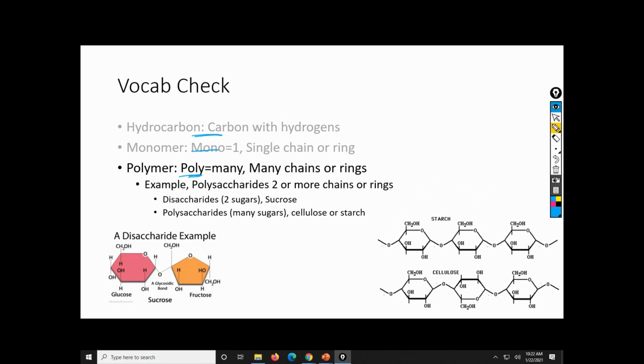Okay, so my example here, instead of a monosaccharide, we have a polysaccharide. Okay, just meaning that it has lots of rings. Right. So we're going to see this come up a lot.